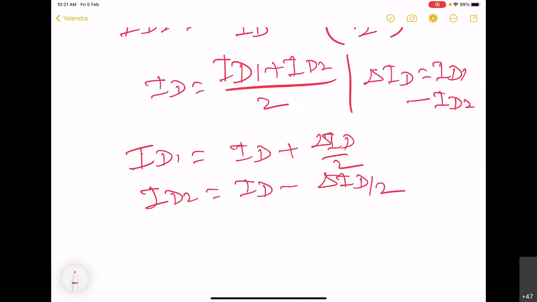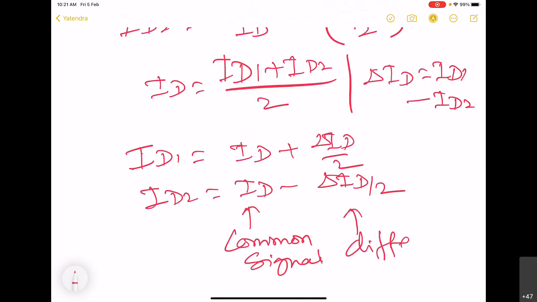And here these two terms, they are also called common signal, and these as differential signal.